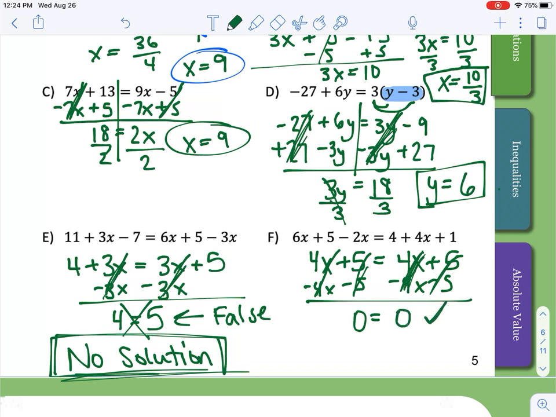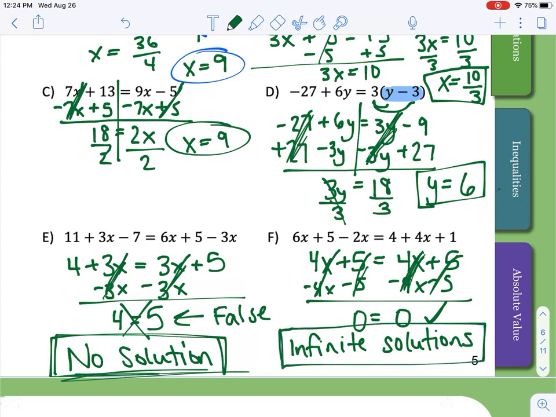This does check out, so we know that there is an infinite amount of solutions. Any number you plug into this equation will be a solution.